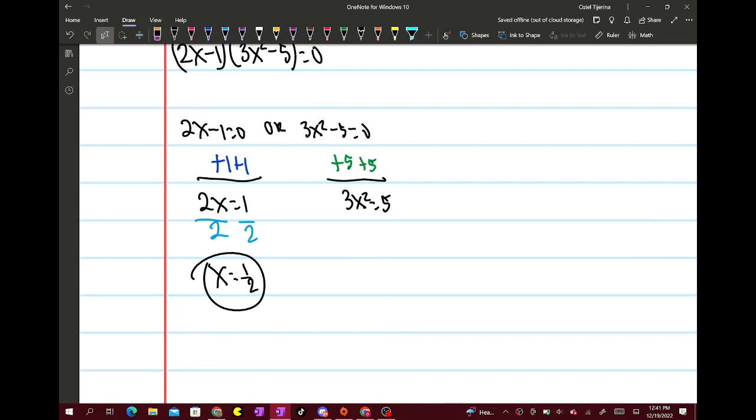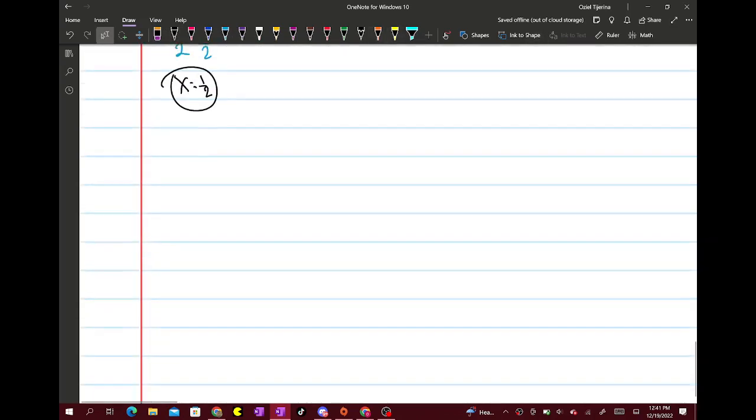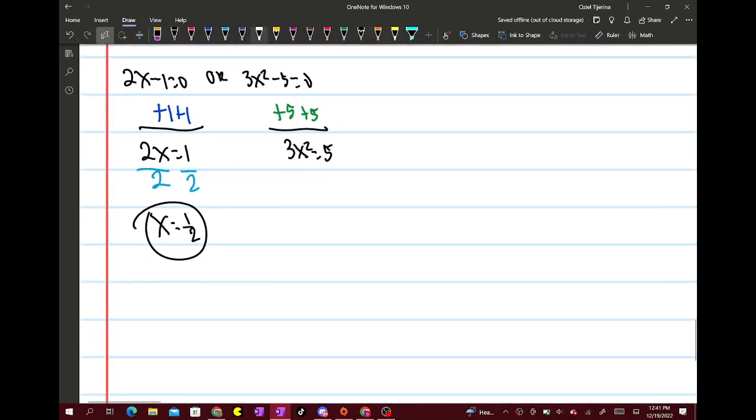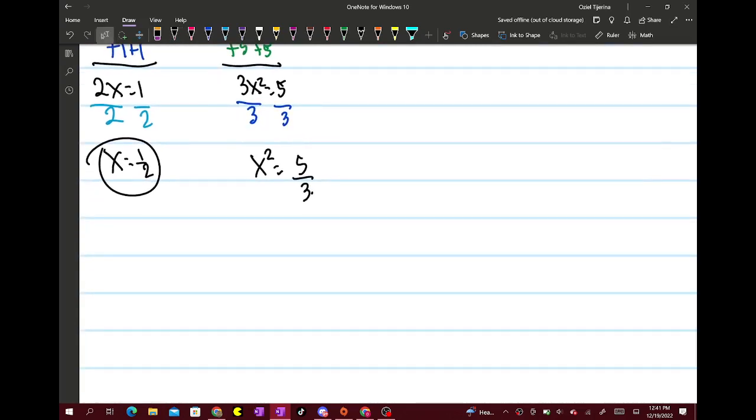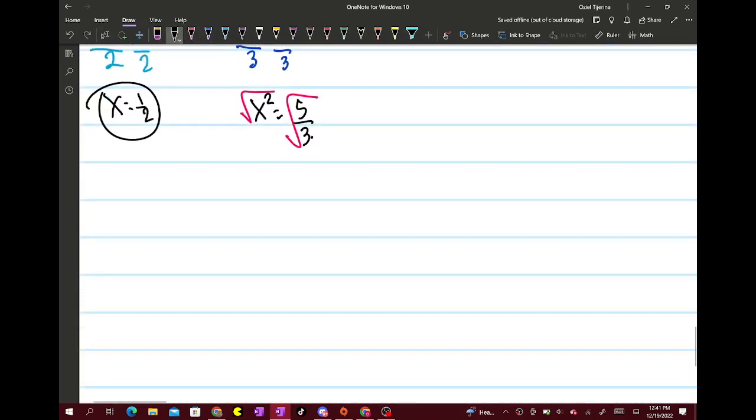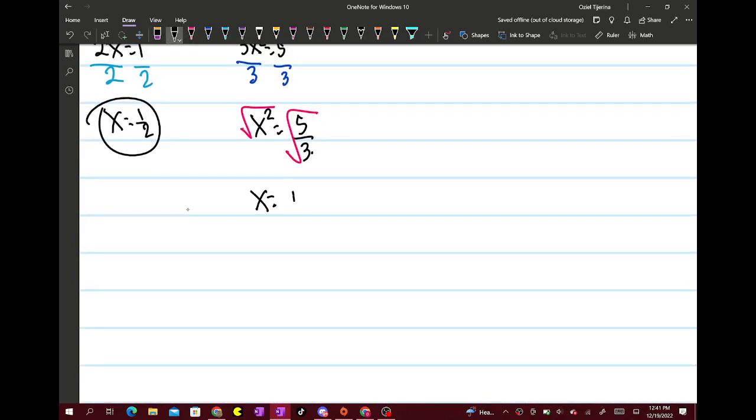And then we're going to divide both sides by 3 over here. We get x squared equals 5/3, and then we're going to take the square root of both sides. We get x equals plus or minus the square root of 5/3.